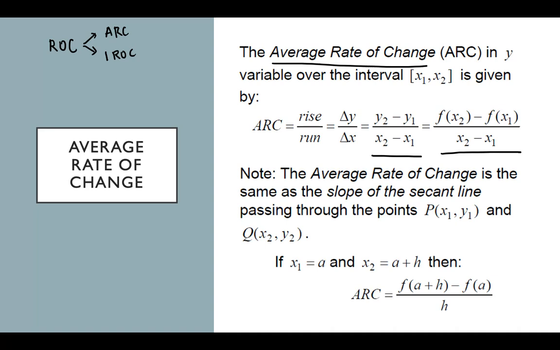Keep in mind that the average rate of change is the same as the slope of the secant line, meaning you are finding the slope, the steepness, using 2 points. If you're given x as a, then the second point, x2, will be a plus h.